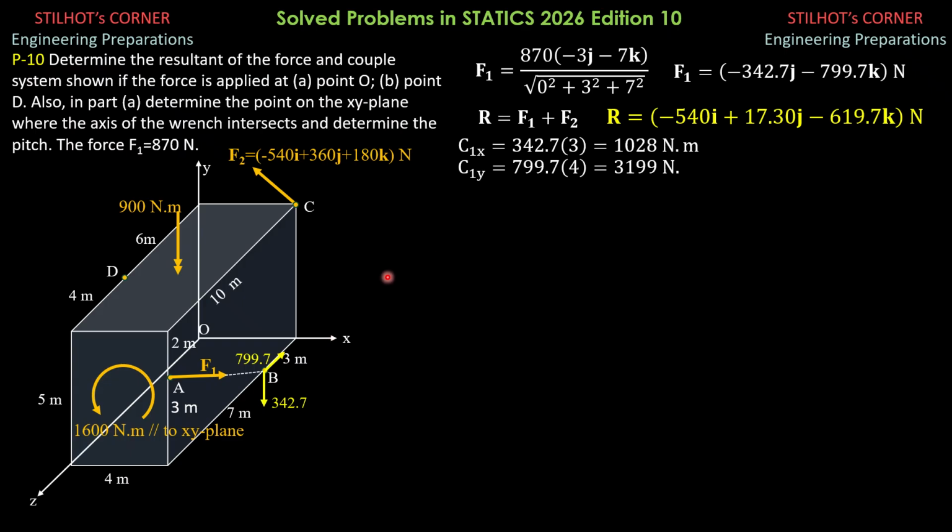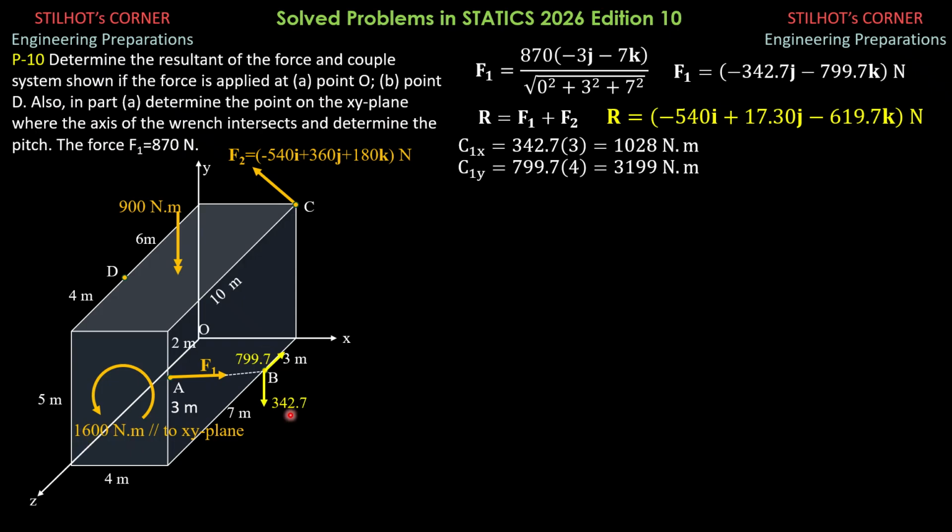Finally, about the z-axis, this 799.7 is parallel to the z, so it has no moment. The positive sense of moment about the z-axis is in that direction, and this is the opposite direction. Obviously, it is clockwise if we position ourselves at the positive z direction.